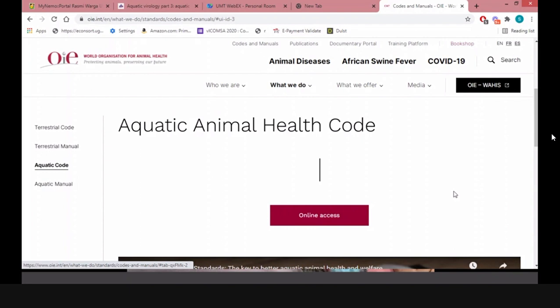So ada senarai penyakit ikan yang berlaku di Malaysia tetapi tiada dalam senarai OIE kerana penyakit itu tidak berlaku di kebanyakan negara. Okey. Dan ada penyakit yang disenaraikan di OIE ada di Malaysia. Okey. So ada soalan.